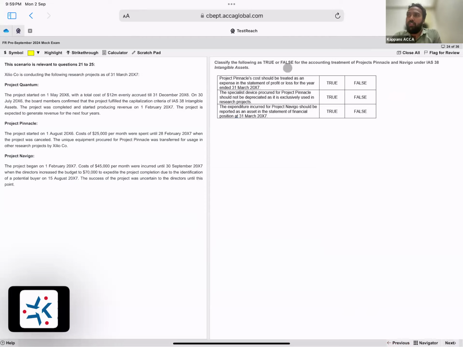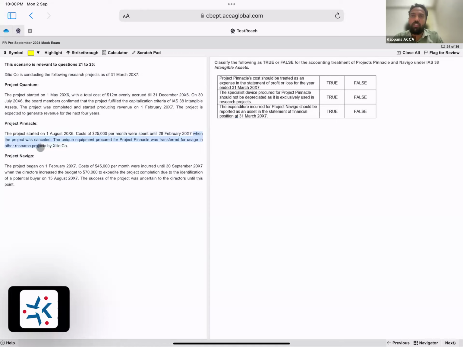Classify the following as true or false for accounting treatment of projects Pinnacle and Navigo under IAS 38 intangible asset. So now let's read about the project Pinnacle and project Navigo. The project started on 1st August X6. Cost of $25,000 per month was spent until 28th February X7 when the project was cancelled.